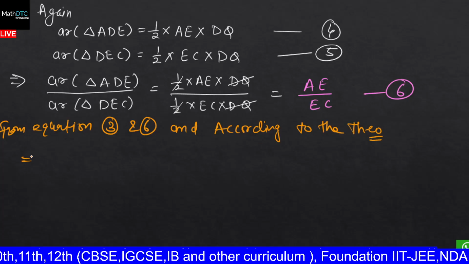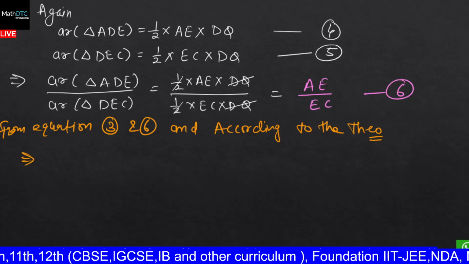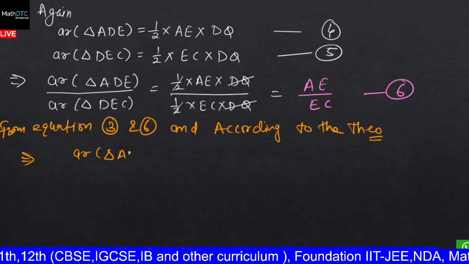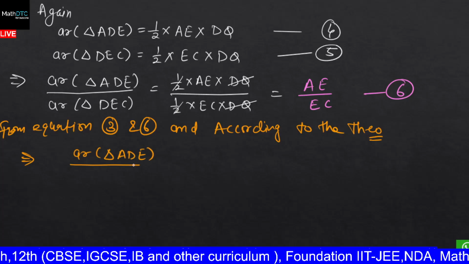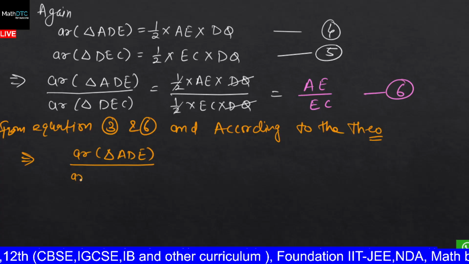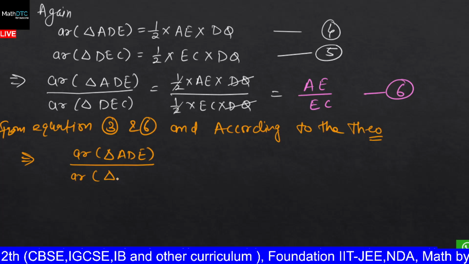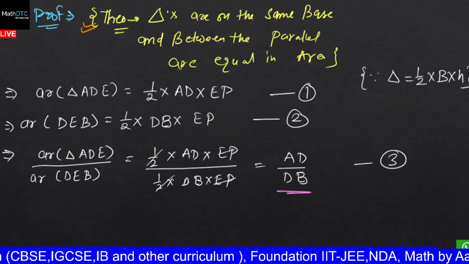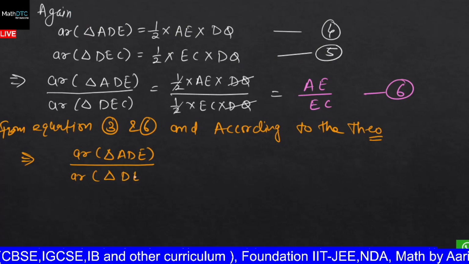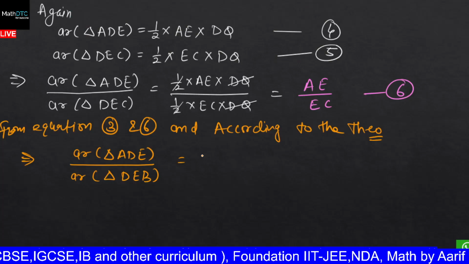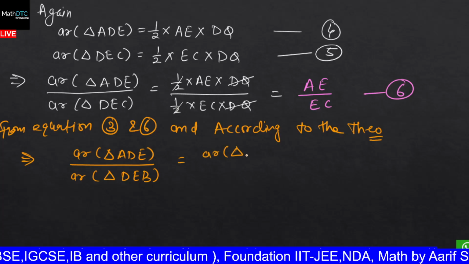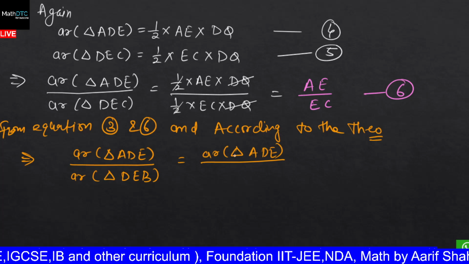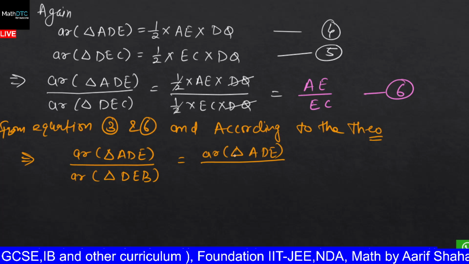we have to write down the area of triangle ADE over, from equation number 3, the area of triangle DEB, is equal to area of triangle ADE, because ADE is the same triangle, so the area will be the same.